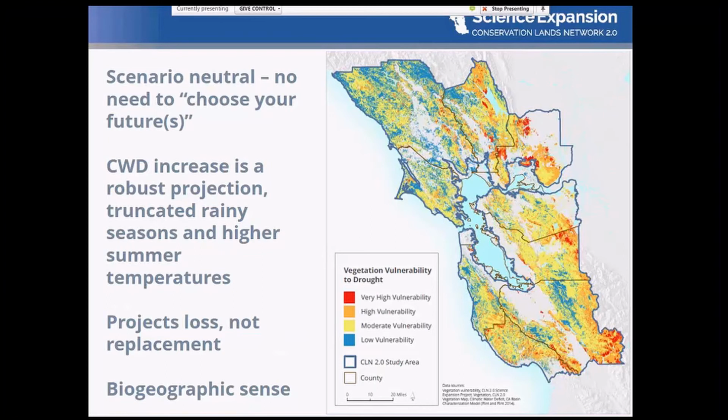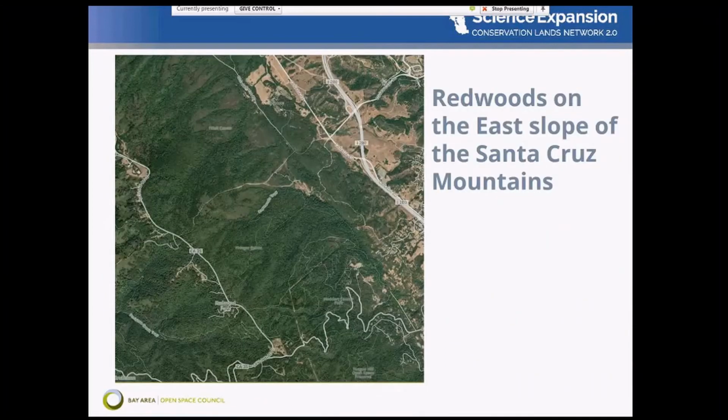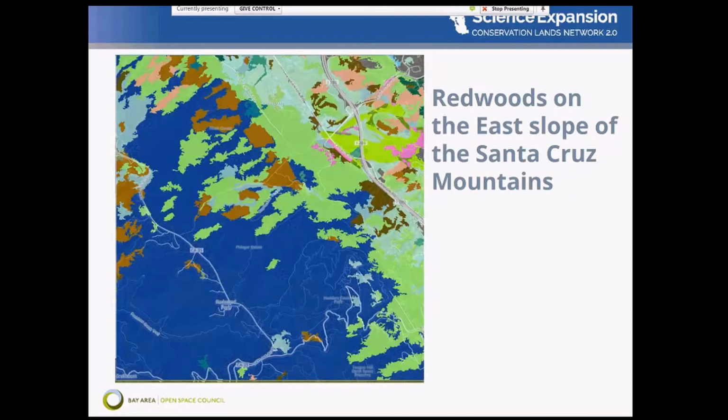If we go to the next slide, I have an example in my backyard in the Santa Cruz Mountains. So this is the east slope of the Santa Cruz Mountains near the town of Woodside. You can see the texture of the redwood forests here. The redwood forests are in blue, and there's also a mixture of live oak, woodland, and mixed hardwoods.